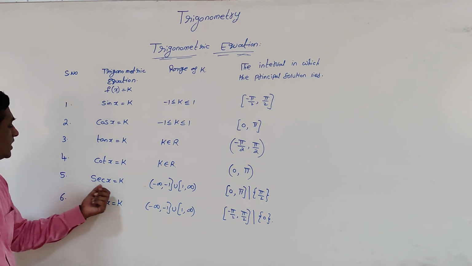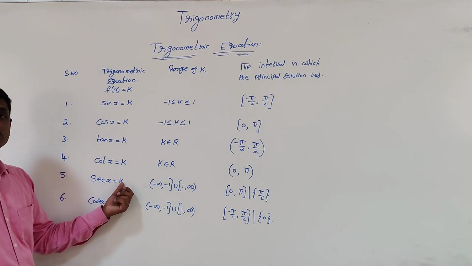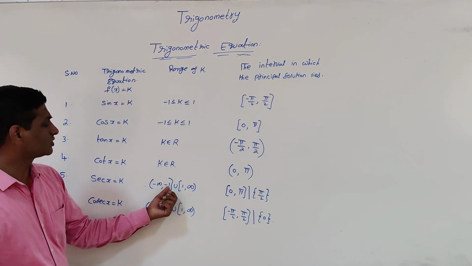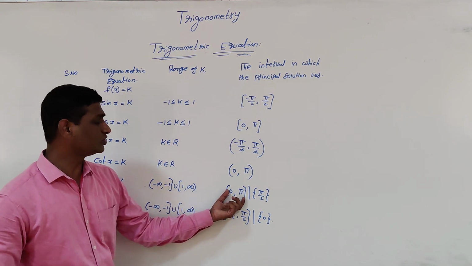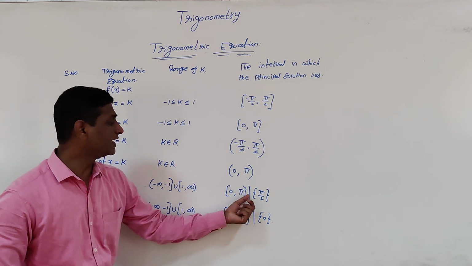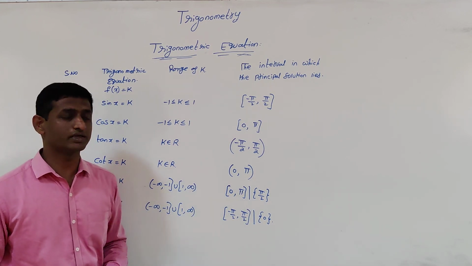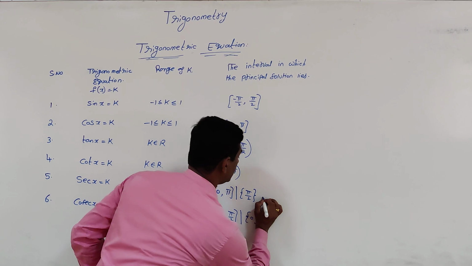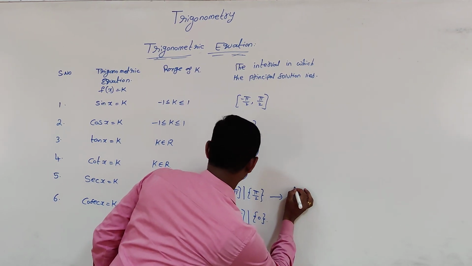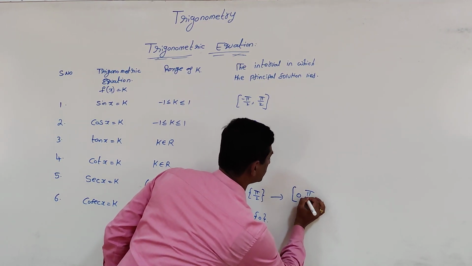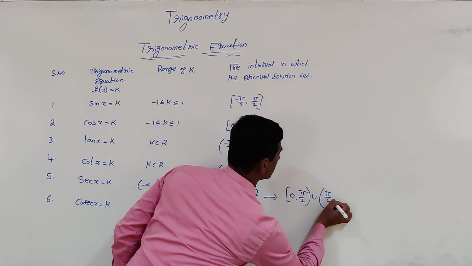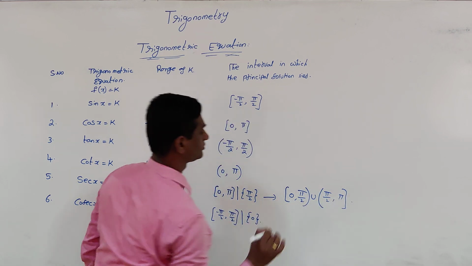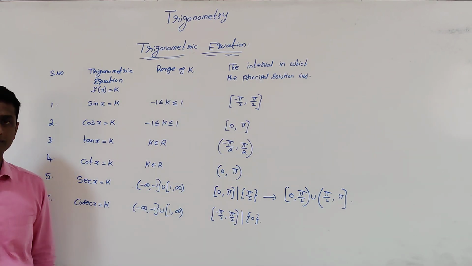Next, for secant x is equal to k, the range of secant x is minus infinity to minus 1 closed union 1 to infinity half closed. The principal solution should lie between 0 to pi except pi by 2, because it is not defined there, or we can redefine it as half closed 0 comma pi by 2 open union half open pi by 2 comma pi closed, where pi by 2 is not included.